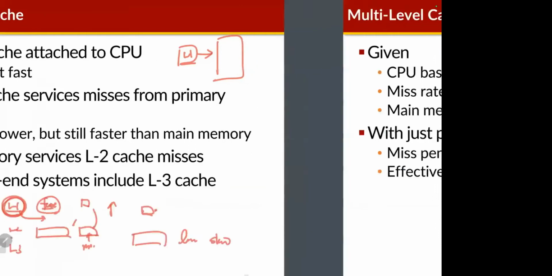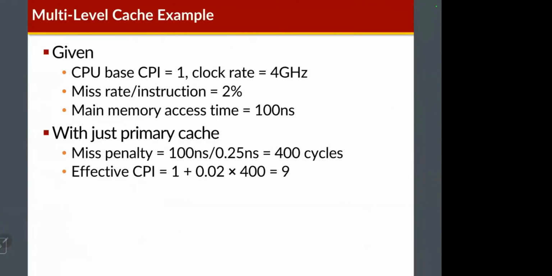I will show an example. In this example, the CPU base CPI is 1. This is the ideal CPI. The clock rate is 4 gigahertz, the frequency. Let us assume that the miss rate for the instruction is 2%.